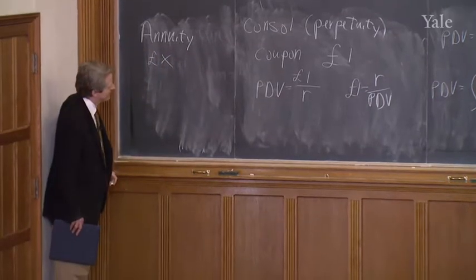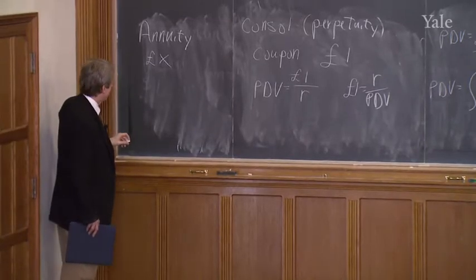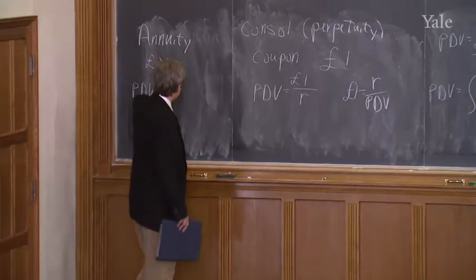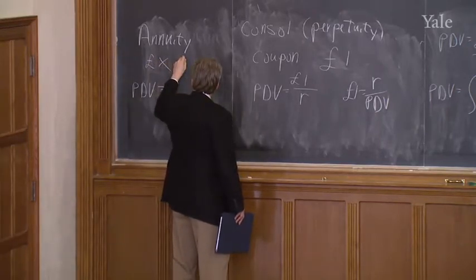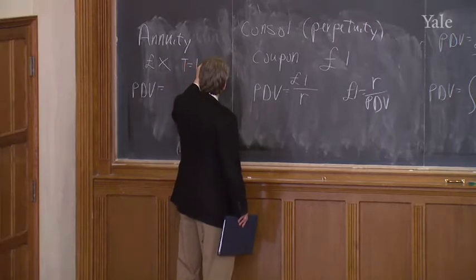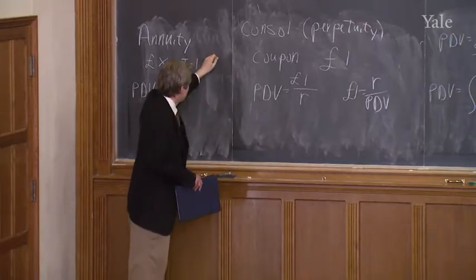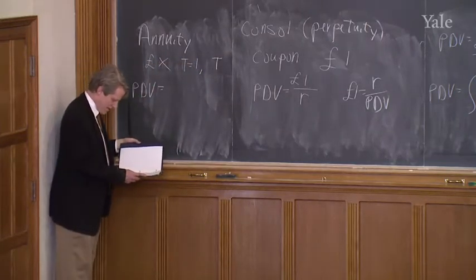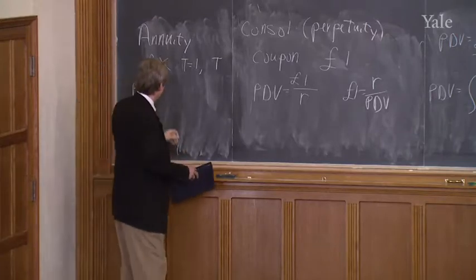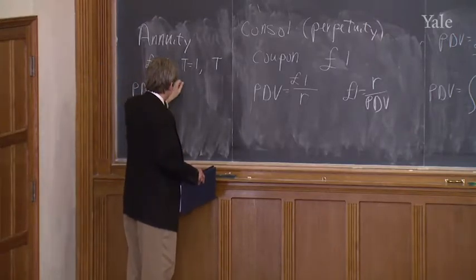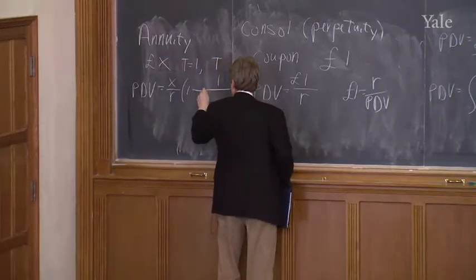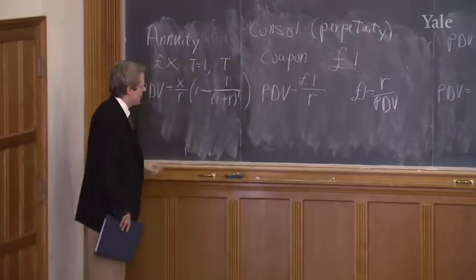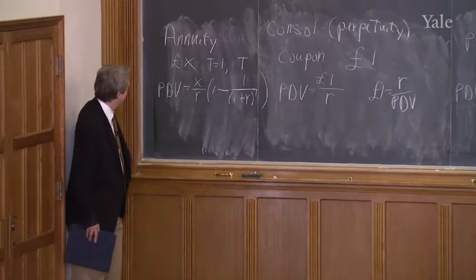If it pays X pounds every year, from t equals 1 to capital T, and then it stops, capital T being the last payment, then the present discounted value formula is x over r times 1 minus 1 all over 1 plus r to the tth power. So that's the annuity formula.